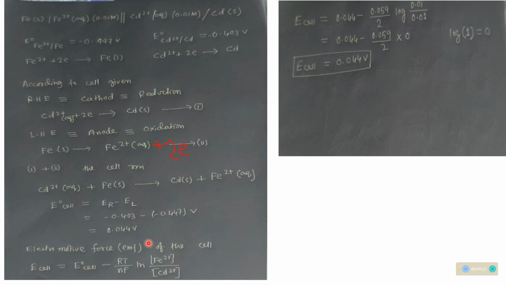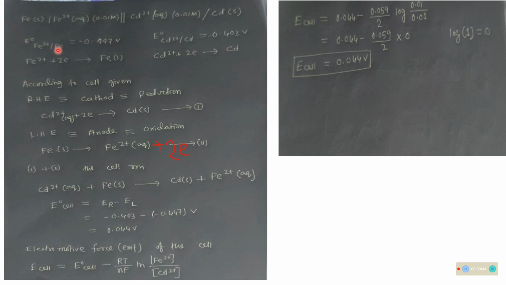One thing I have to mention: if two reduction potentials are given, then the electrode with the higher reduction potential will become the right hand electrode, or cathode.